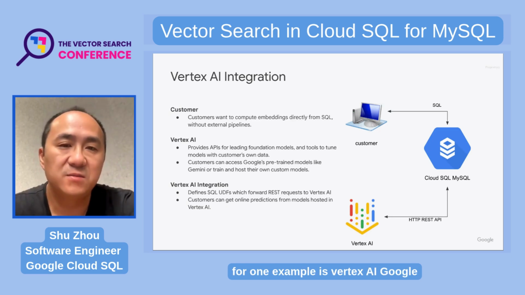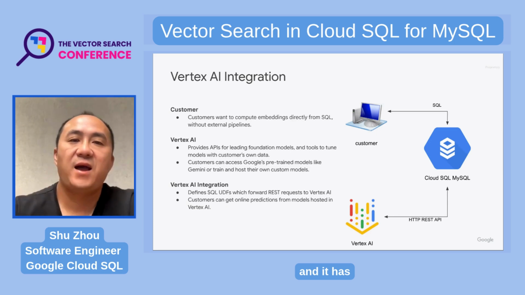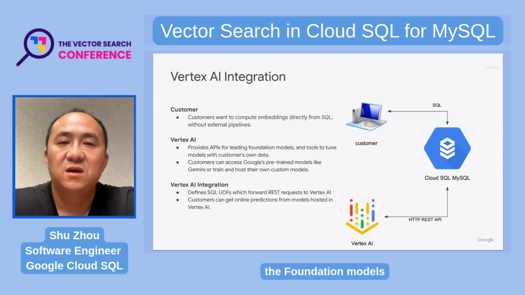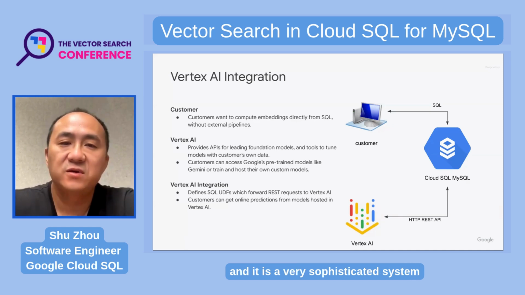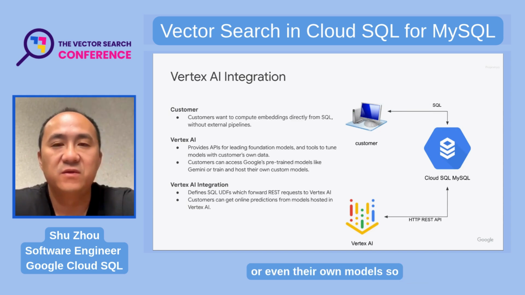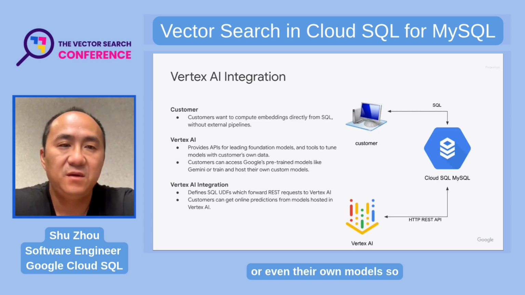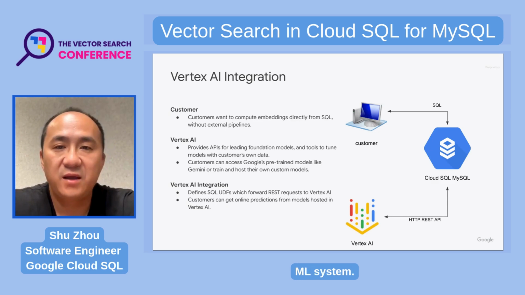One example is Vertex AI. Google provides this Vertex AI system, and it has the foundation models and tools to tune these models. And it is a very sophisticated system. Customers can access all these models or even their own models. So our Vertex AI integration bridges the gap between the Cloud SQL instance and the AI ML system.